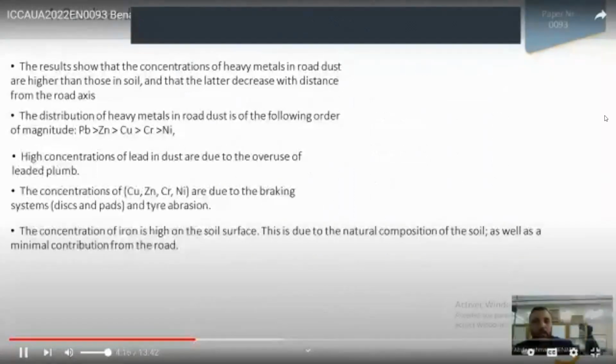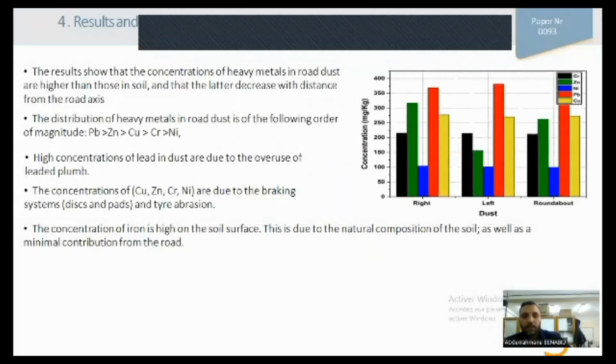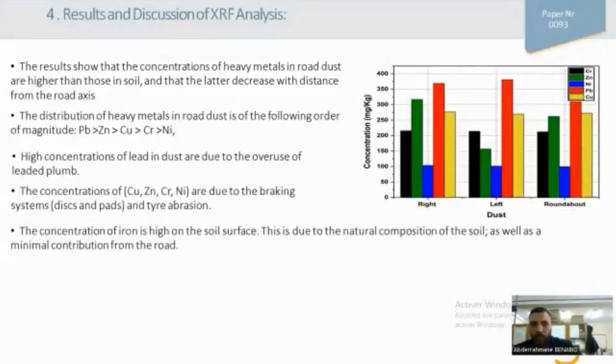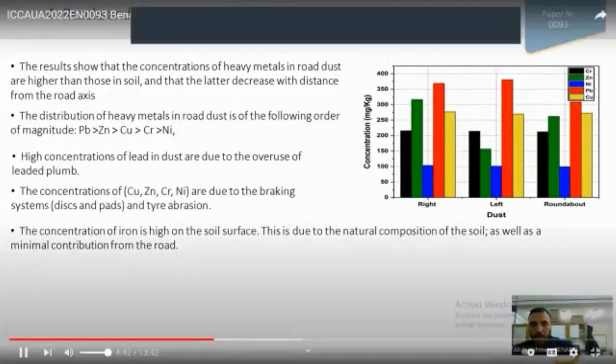The results show that the concentrations of heavy metals in road dust are higher than those in the soil, and that the latter decrease with distance from the road axis. The distribution of heavy metals in road dust is of the following order of magnitude: lead, zinc, copper, chrome, and nickel.